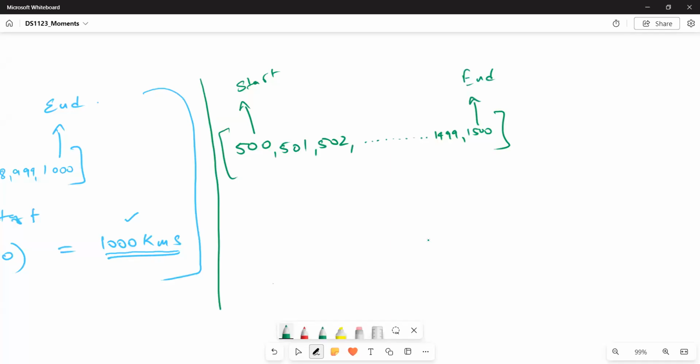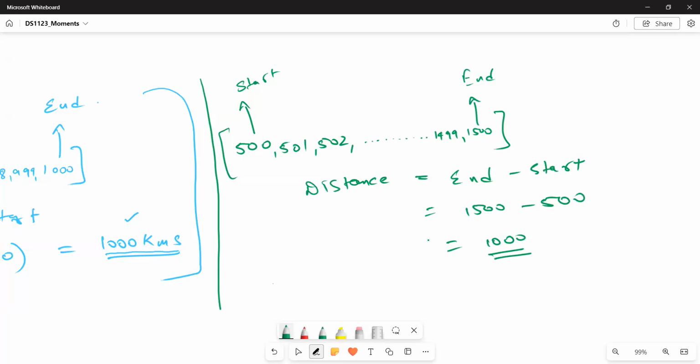All right. So here again, to calculate the distance, I'll simply subtract the starting point from the end point. This is 1500 minus 500, so this is 1000. So the distance remains the same, even if you change the reference point.